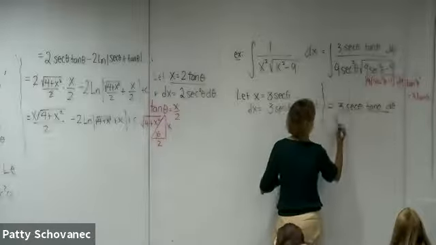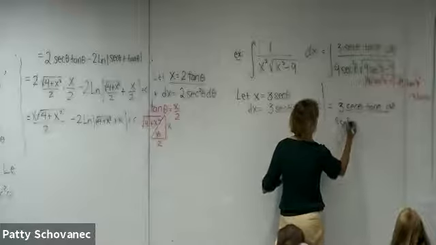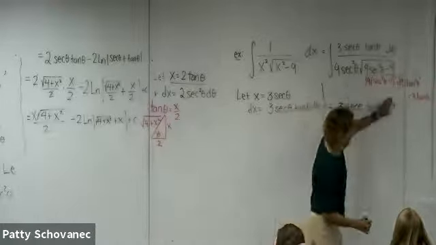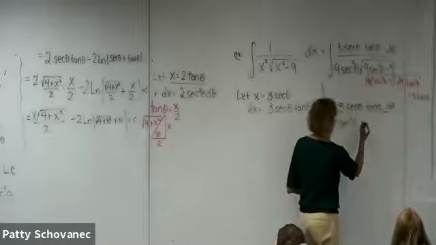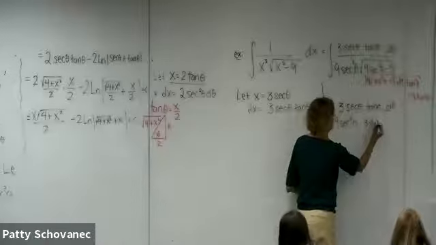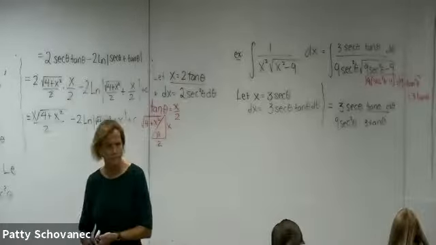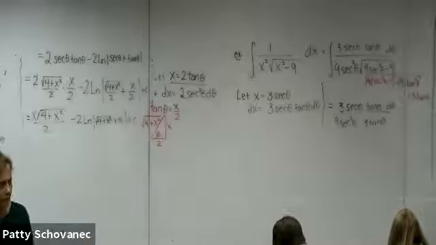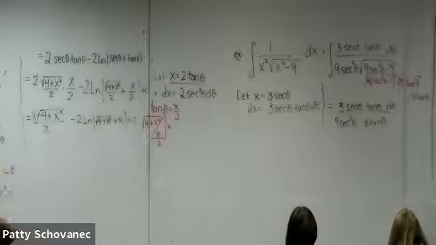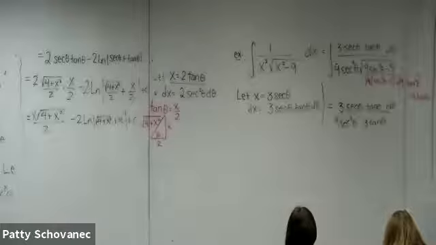Nine secant squared is still there. But now replace that square root with 3 times the tangent of theta. With me? So cancel, cancel, cancel. We can knock out the 3, the tangent theta, and one of the secants of theta.